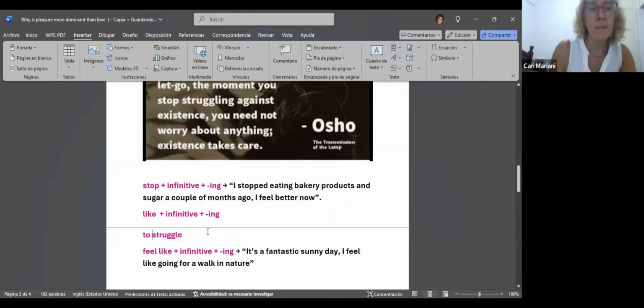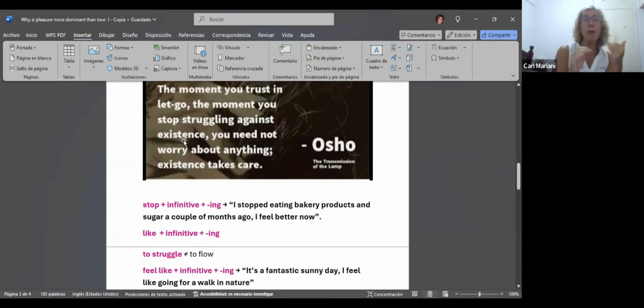To struggle, the opposite would be to flow. Here, the phrase is to stop struggling against existence. The opposite would be to flow with existence, fluir con la vida. You need not worry about anything. And existence takes care.